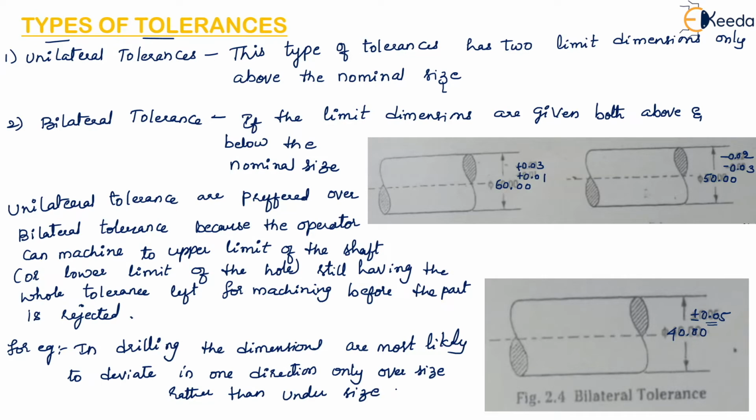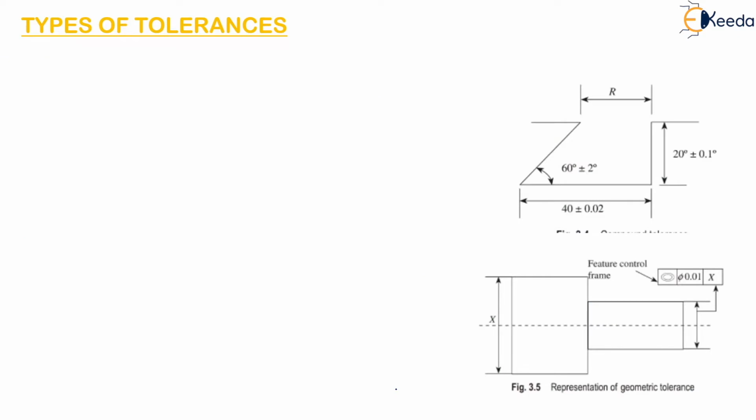So the next type of tolerance, the third one, is the compound tolerance. This type of tolerance is one which is derived by considering the effect of tolerances on more than one dimension.